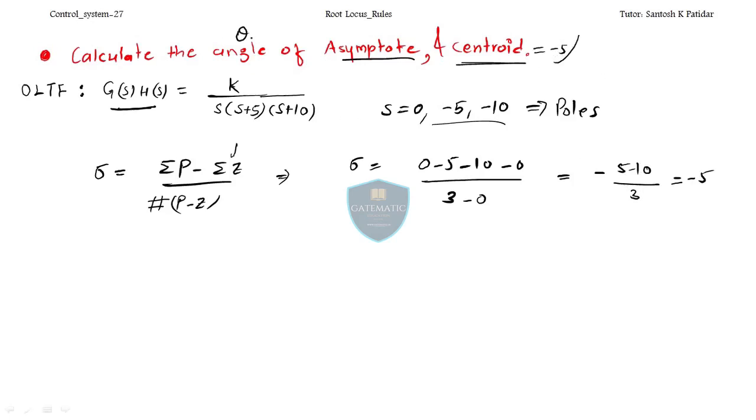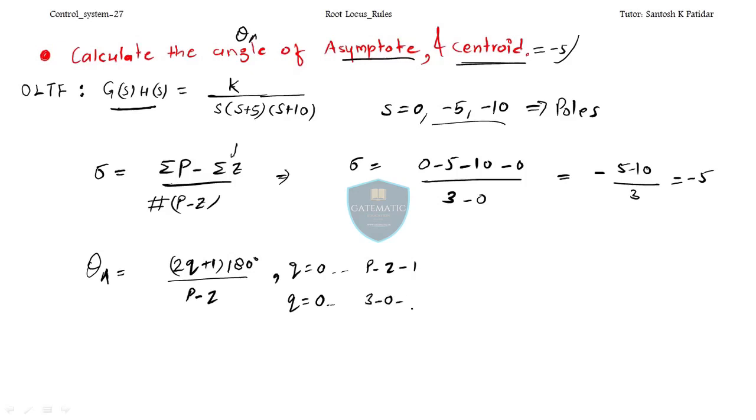Now let's come to the angle of asymptote they're asking. We have seen the formula: the angle of asymptote is (2q + 1) times 180 degrees divided by p minus z, where q starts from 0 and goes to p minus z minus 1. So let's find the q values: p is 3, so 3 minus 0 minus 1 means q goes from 0 to 2.